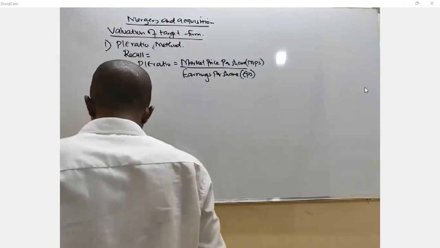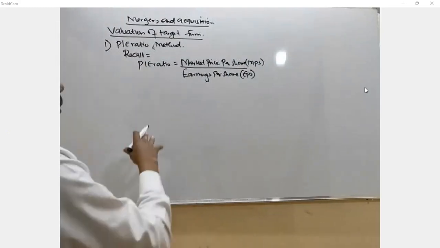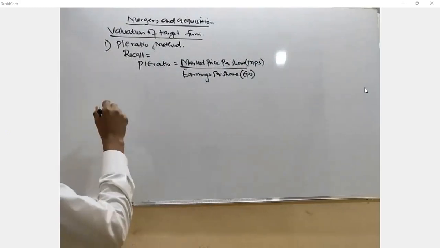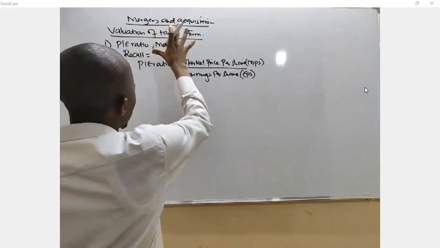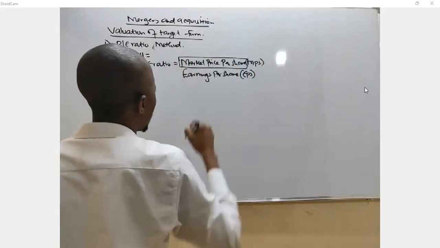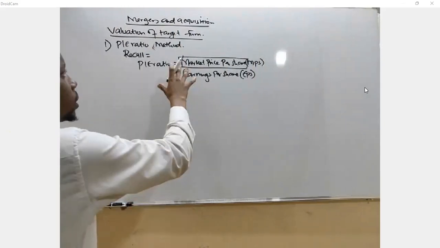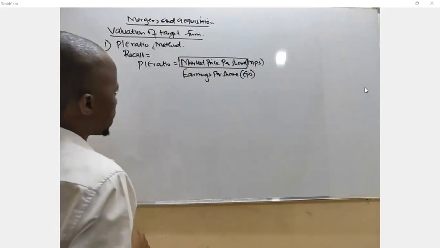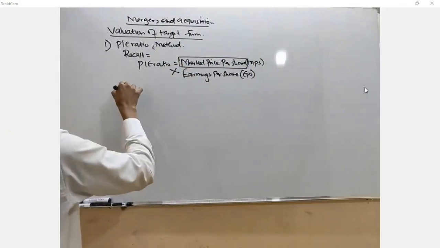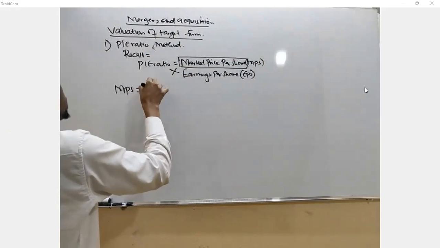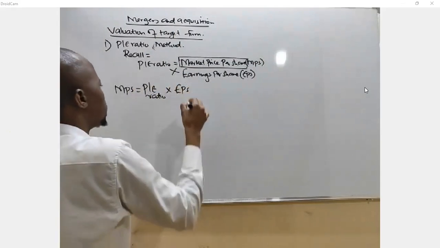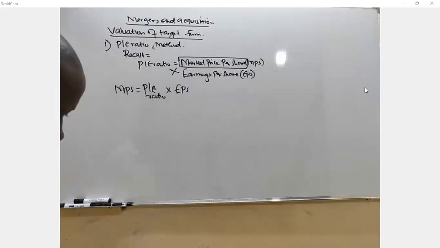Now, because we are not computing the PE ratio but valuing a target firm, which focuses on the market price per share, we want to determine how much the shares of this company are valued in the market. If you cross multiply, to get the market price per share, I take the PE ratio and multiply by the earnings per share.